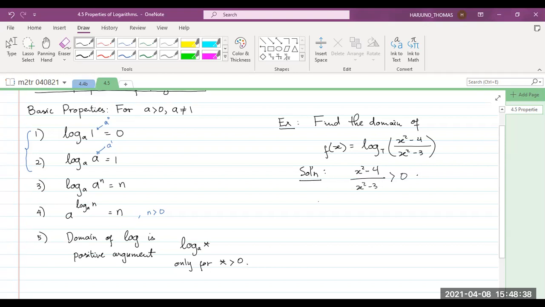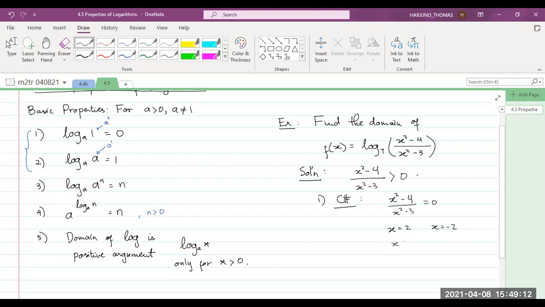Okay, it's a rational inequality, right? It's already one fraction and the other side is already 0, so I can start the procedure with the critical numbers, which I insist you have to use in my test. On the top, the critical numbers are x equals 2 and x equals -2.